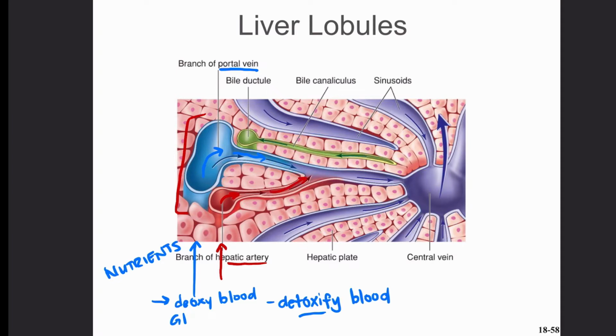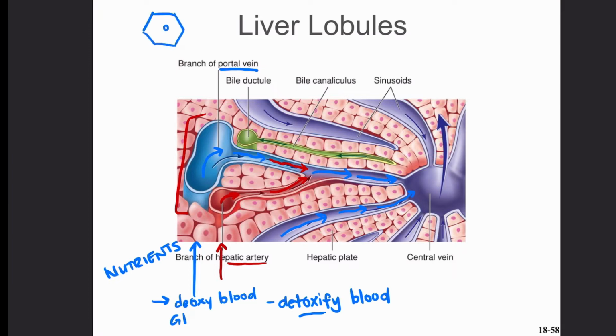And what's interesting here is that we find that these two bloods, I guess, mix. And they end up mixing, and they are traveling through these sinusoids, which are just like ducts through our liver lobules, which are those hexagonal shapes.